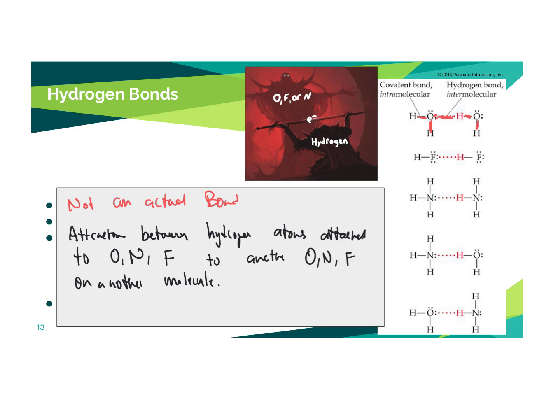You'll see the same thing with HF, and so you have your electrons here on the fluorine of hydrogen fluoride. That'll be attracted to the hydrogen on another hydrogen fluoride. Same thing with nitrogen, and this can happen between different molecules as well. And so you'll have the hydrogen that's covalently bonded to our oxygen on water. That's going to be attracted to the nitrogen on our NH3, our ammonia.